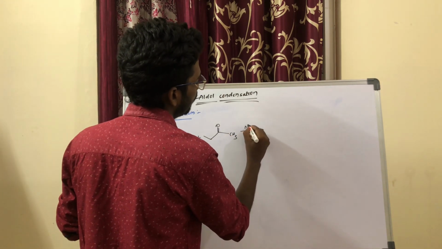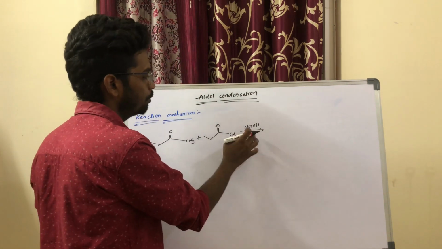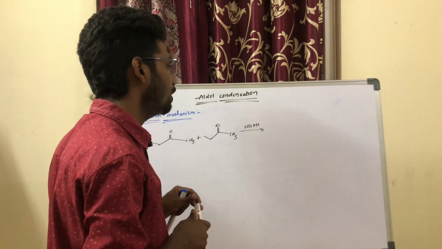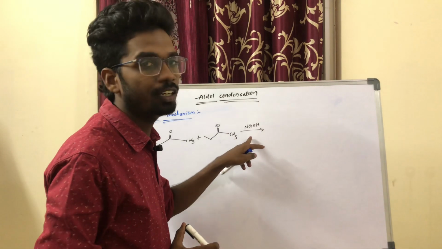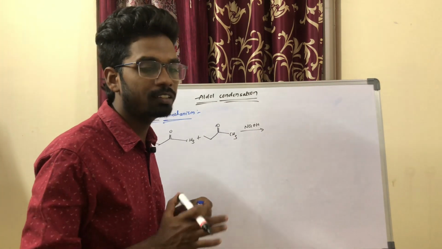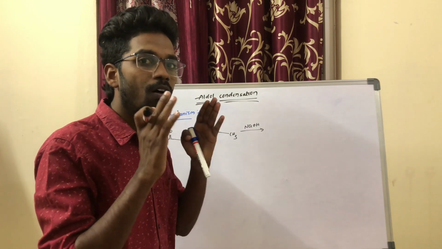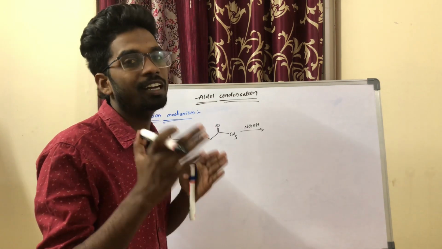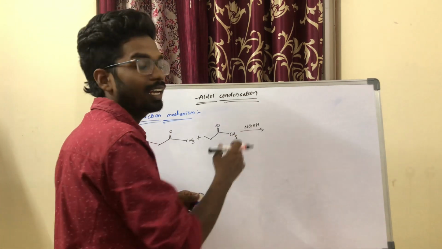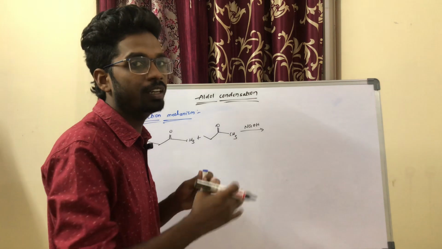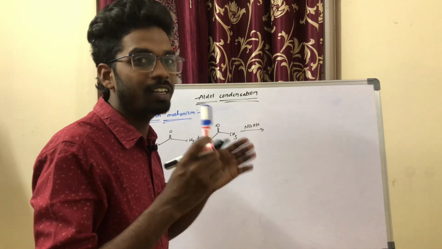First of all I am going to give the reaction in basic conditions. In basic conditions, if you are using any sodium based reagent, we will get the thermodynamic product. Thermodynamic means the product forms on the more substituted side. If you are using any lithium based reagent like LDA, we will get the kinetic product. Kinetic means the product forms on the less substituted side.